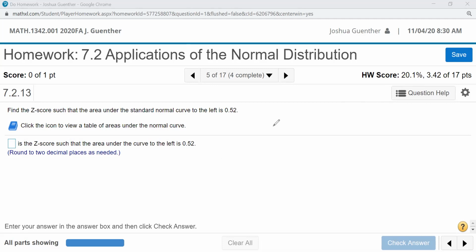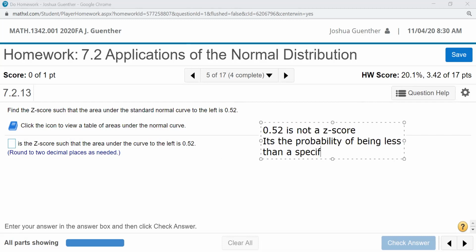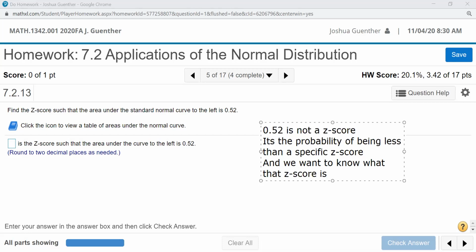What that means then is we're not going to look at 0.52 as a z-score. I'll even write that out here. 0.52 is not a z-score here. It's the probability of being less than a specific z-score. And we want to know what that z-score is.